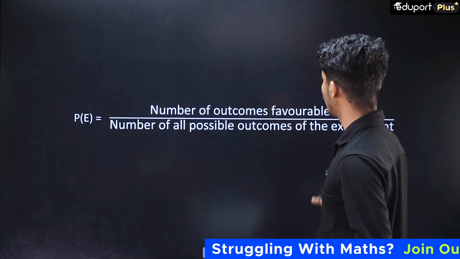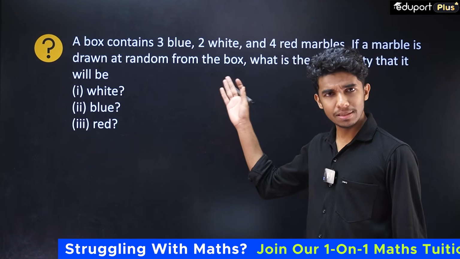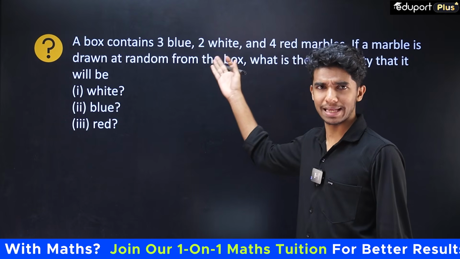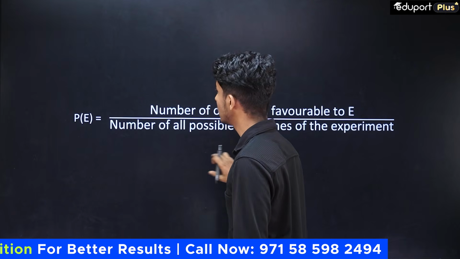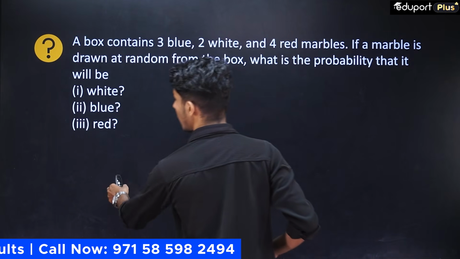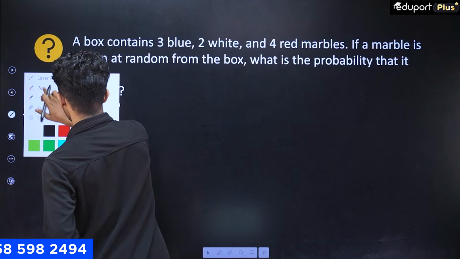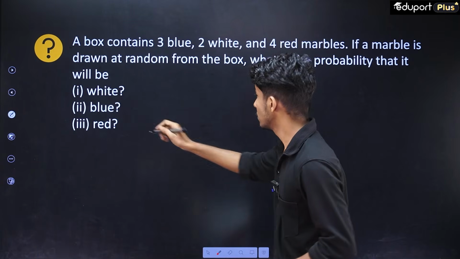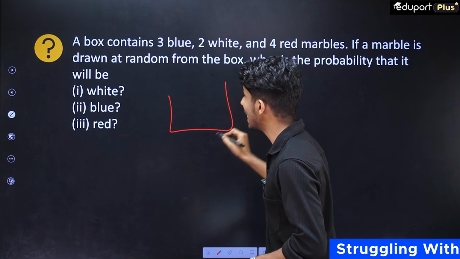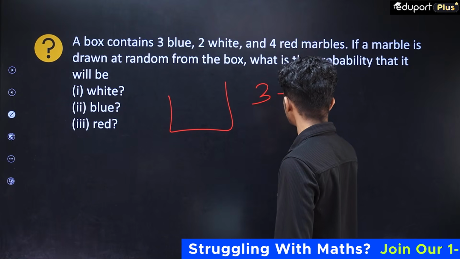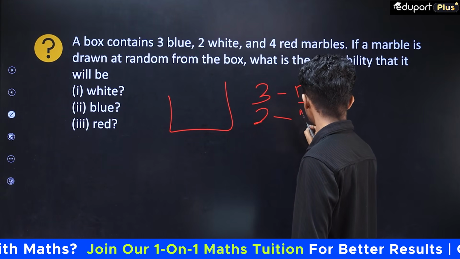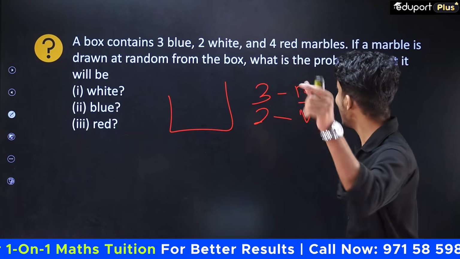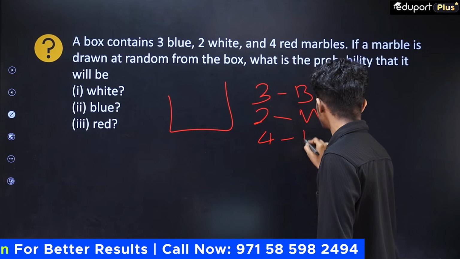Let us look at this example. A box contains 3 blue balls, 2 white balls and 4 red balls.